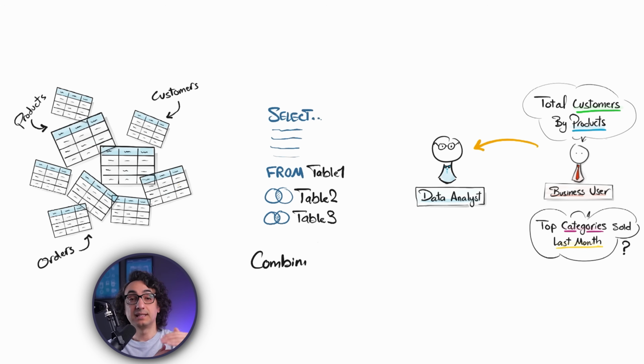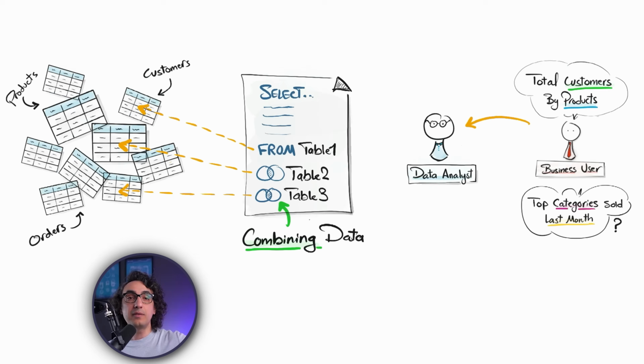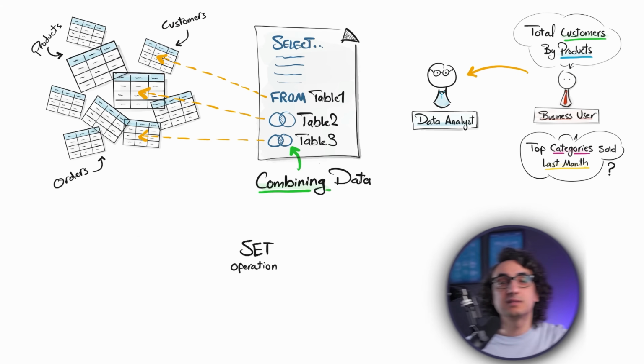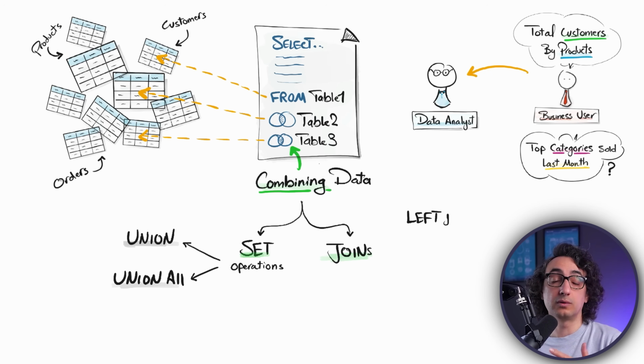But now, in order to do that, in SQL first you have to connect the tables or combine them. And in SQL we have two different methods, either using the set operators, like for example UNION and UNION ALL, or you can use SQL joins, like the LEFT JOIN or the RIGHT JOIN.